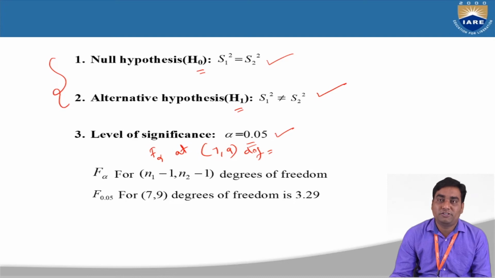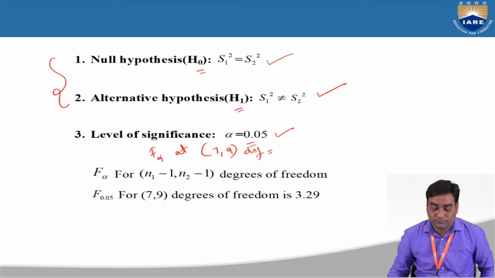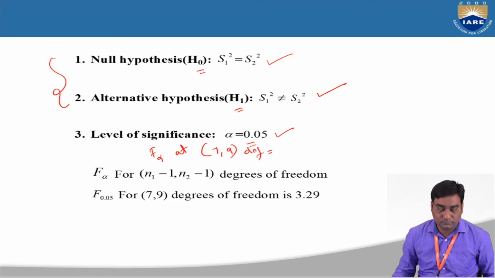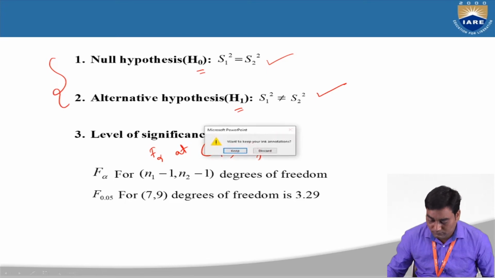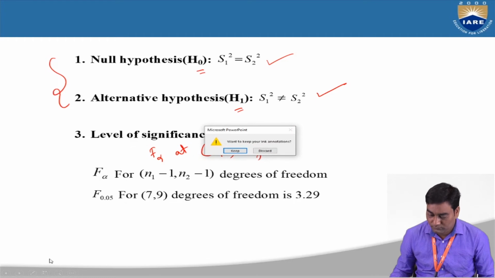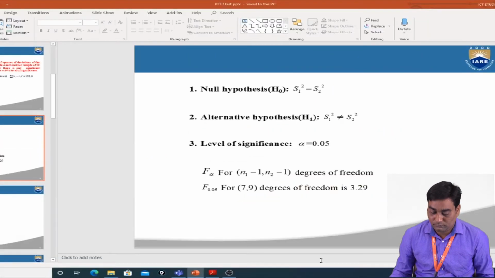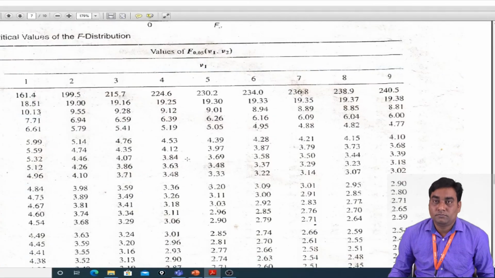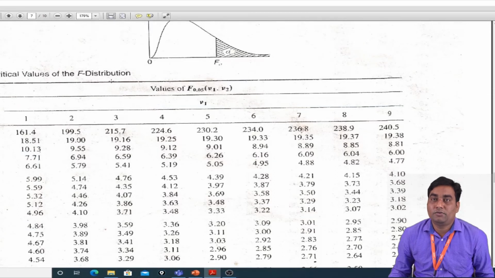I'll show you the F distribution table. This is the F distribution table, critical values of F distribution at alpha equal to 0.05, F alpha at nu 1 comma nu 2. These are the nu 1 values, these are the nu 2 values.